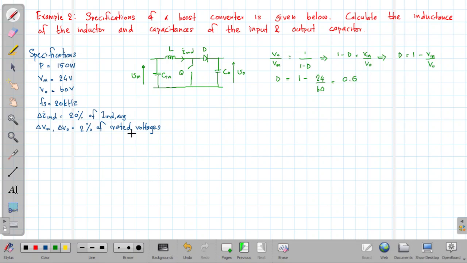Now first we need to calculate the inductance. For that we consider the voltage across the inductor and the current flowing through the inductor.